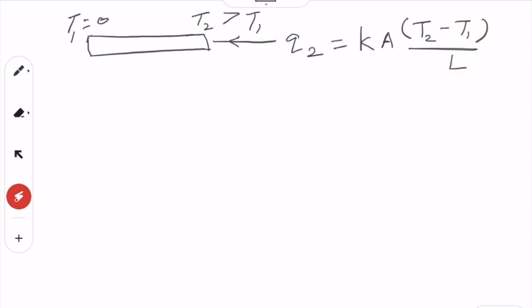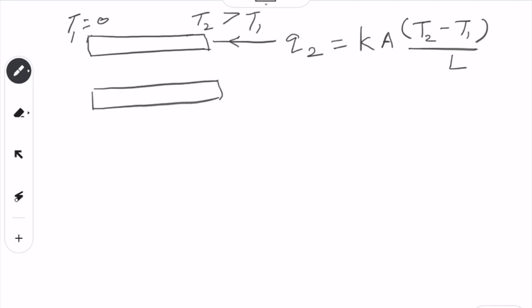Similarly, we can write the second example where we make T2 equal to 0 and we have T1 here. If T1 is greater than T2, which is 0, the energy will flow from this side and Q1 will be positive.